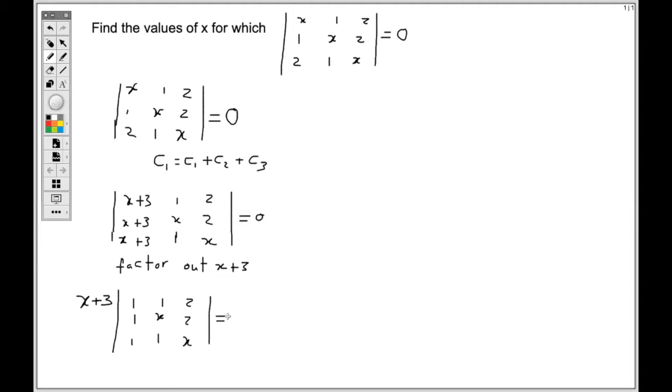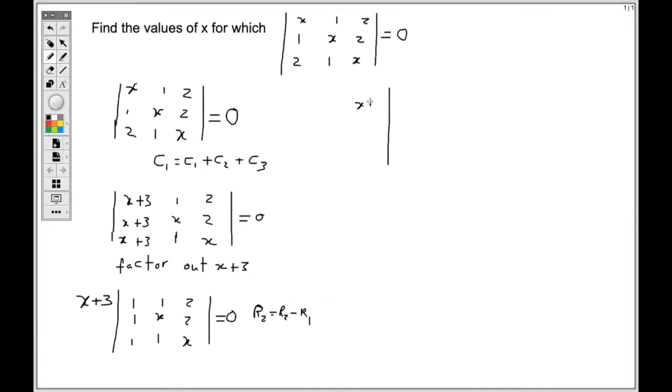It's equal to 0. Now I'm going to perform row operations to get these to be 0. Just remember the whole point of the row operation, row 2 equals row 2 minus row 1, is to get 0 under the first leading value, which is 1. Now, let me rewrite x plus 3.